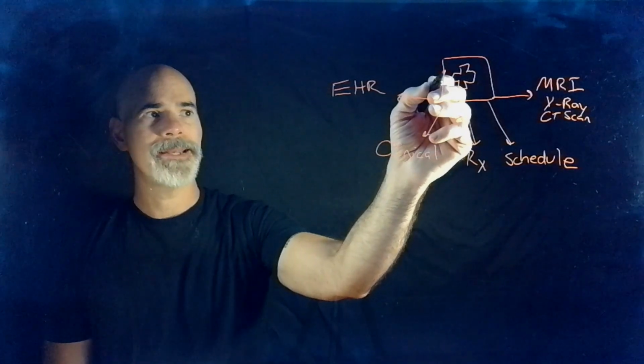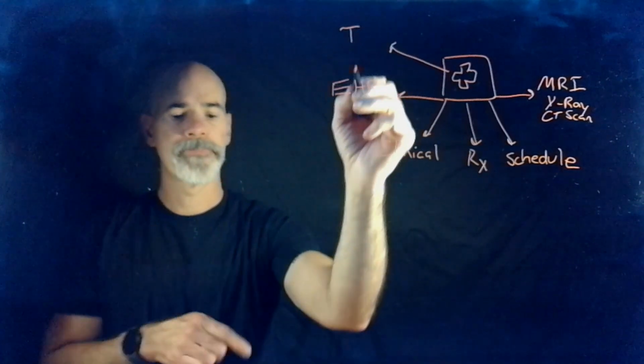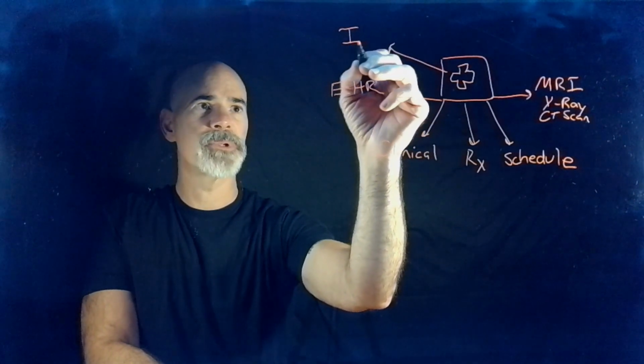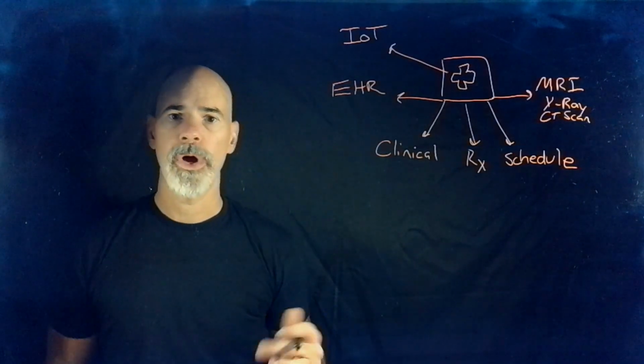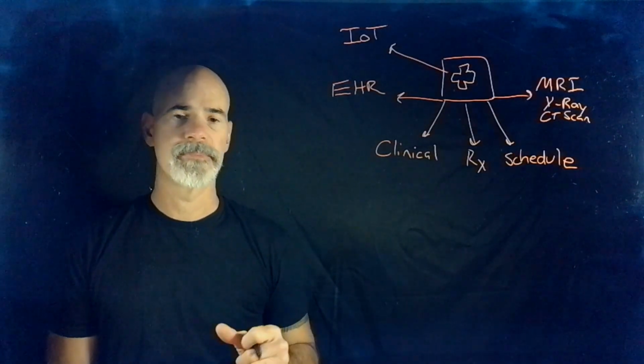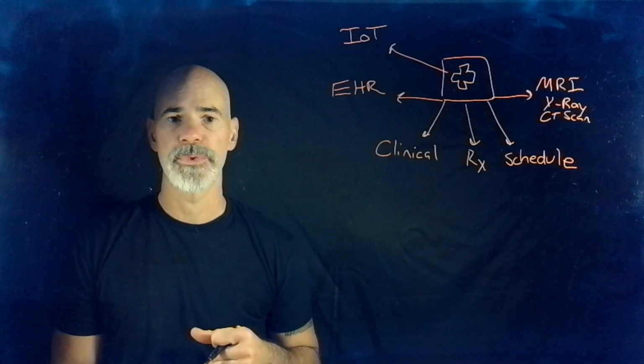You have a lot of IoT devices as well. So not just in the hospital itself, but you have patients going home with medical devices. Some of those may actually be implanted in the individual.